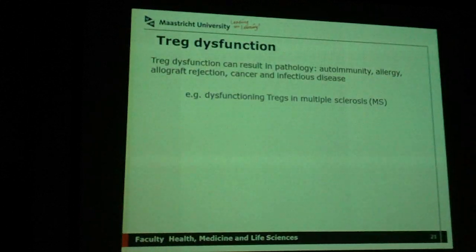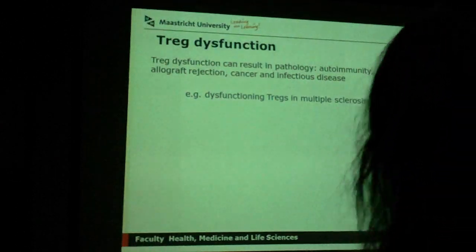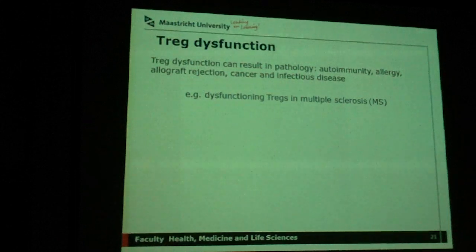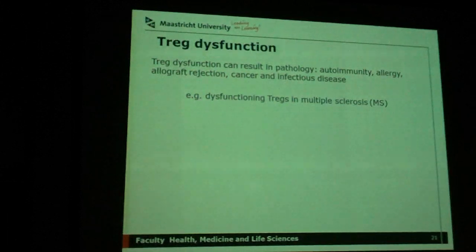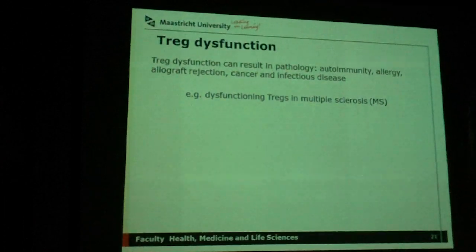If this Treg function doesn't suppress other responses as it should, it can result in different pathologies. It can result, of course, in reactivity against cell tissues which you don't want, autoimmune disease. It can result in a response against harmless substances from the environment, which appears as an allergy.